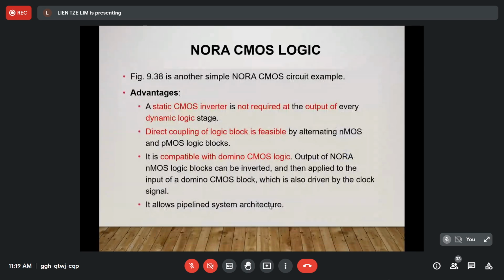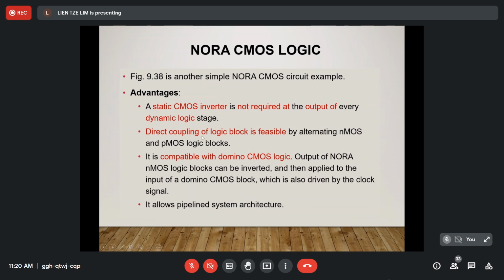There are advantages of NORA CMOS logic compared to Domino. Domino has its own advantages, NORA also has its own advantages. In NORA CMOS logic, these are the advantages. A static CMOS inverter is not required at the output of every dynamic logic stage.